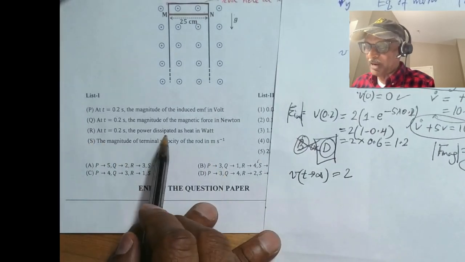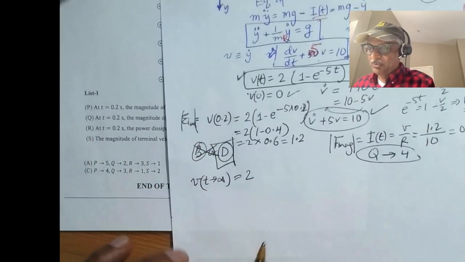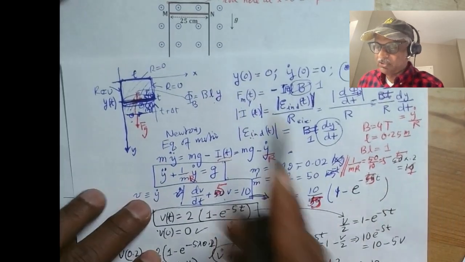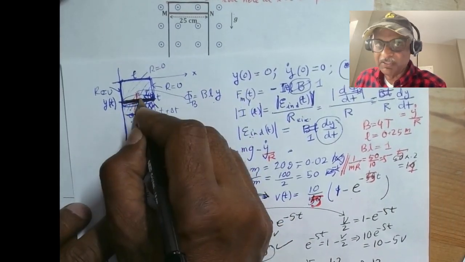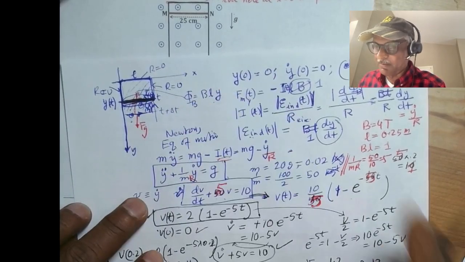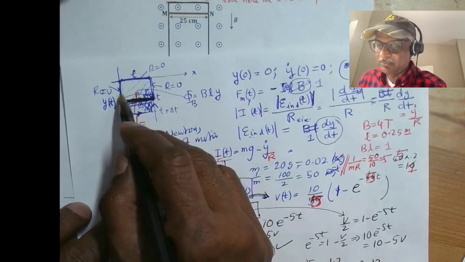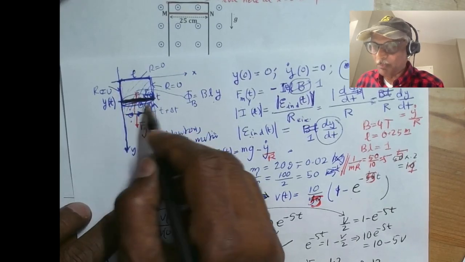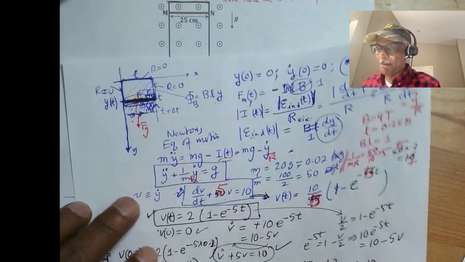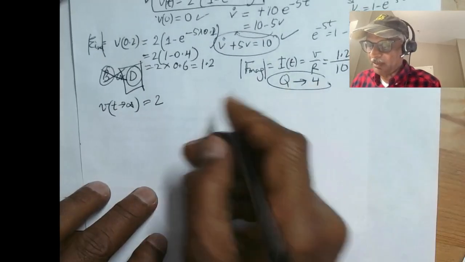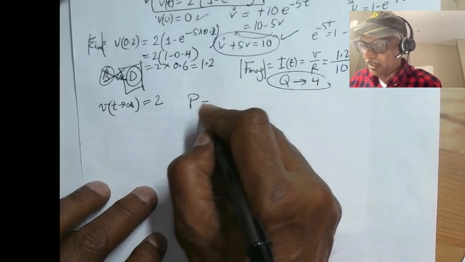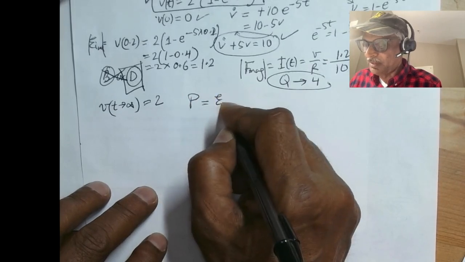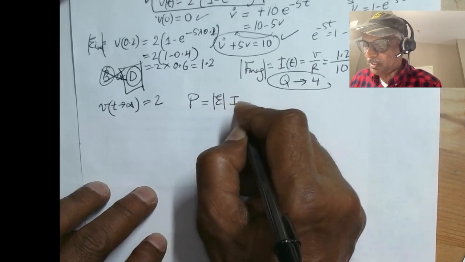And if you want to do power dissipated, looking at this circuit, this is the only place power is dissipated, right? This is the only resistance, and there's no place else the EMF is going to drop. So power dissipated is equal to E induced times the current.